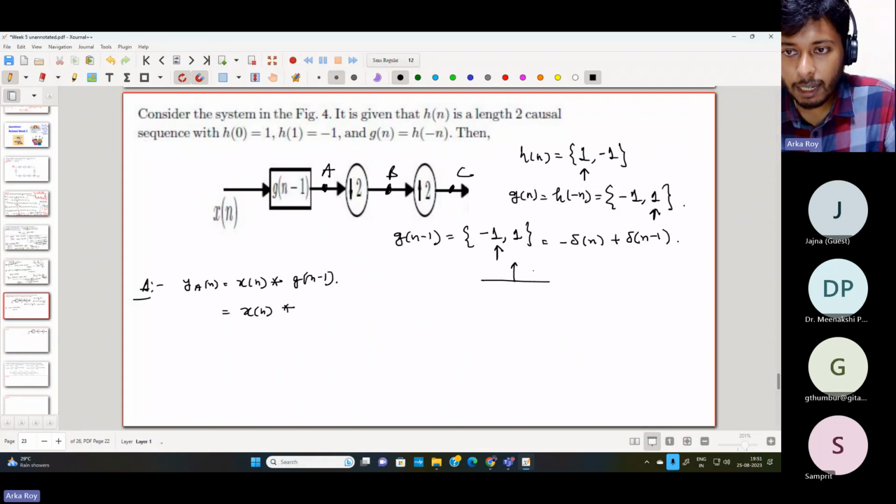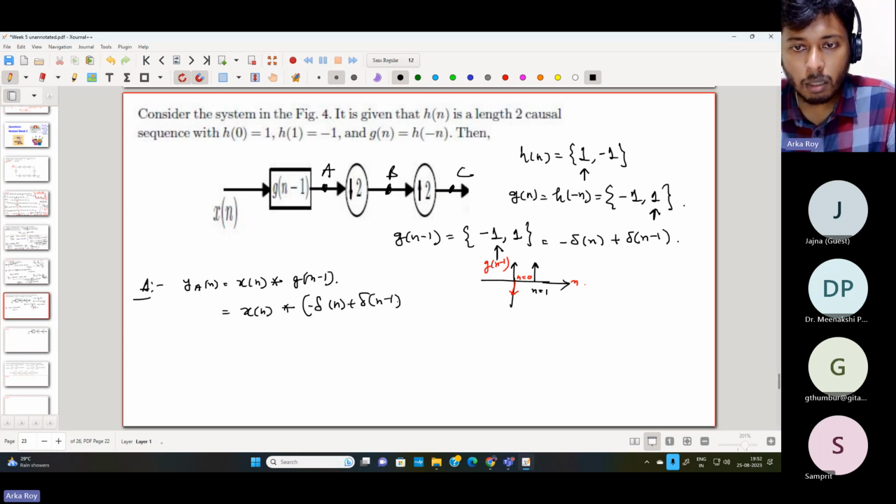If I show you the diagram, this is the axis. At n equals to 1, I am getting plus 1. At n equals to 0, I am getting minus 1. This is with respect to n, and this is g of n minus 1. So I can write it as minus delta of n plus delta of n minus 1.